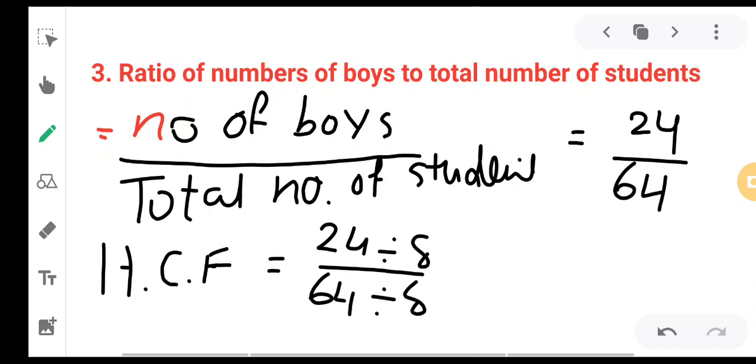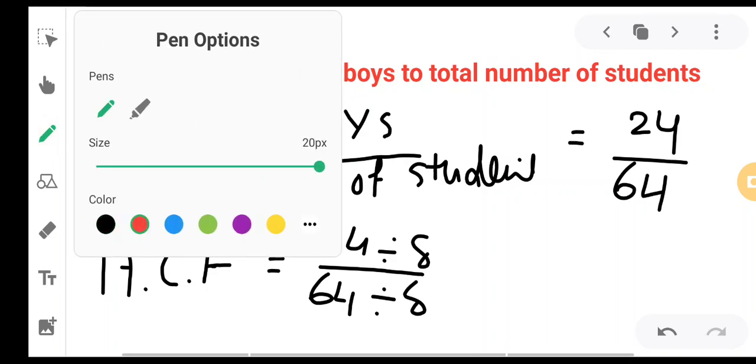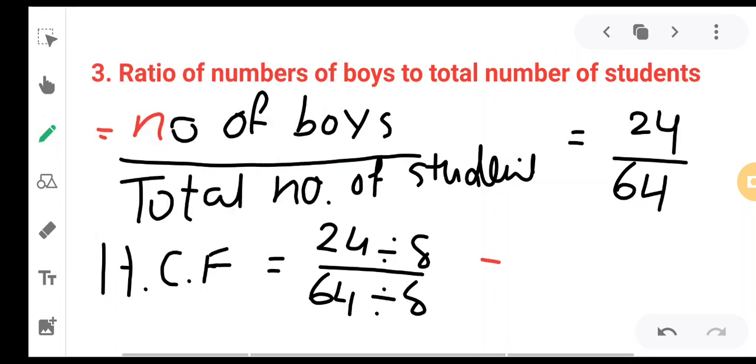When we divide 24 by 8, the answer is 3, and 64 divided by 8 is 8. So the ratio of the number of boys to the total number of students is 3:8. Yes, these are really very easy sums.